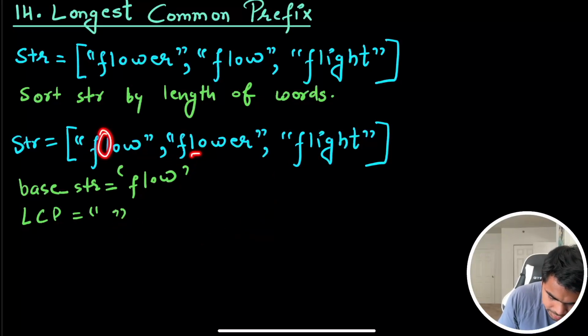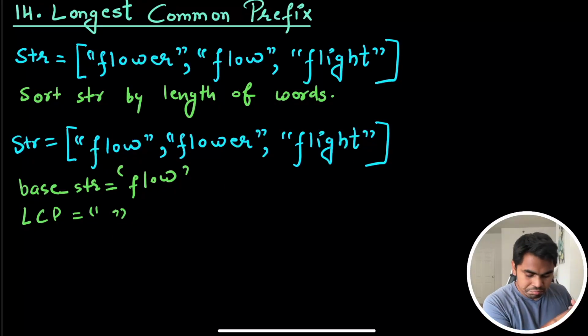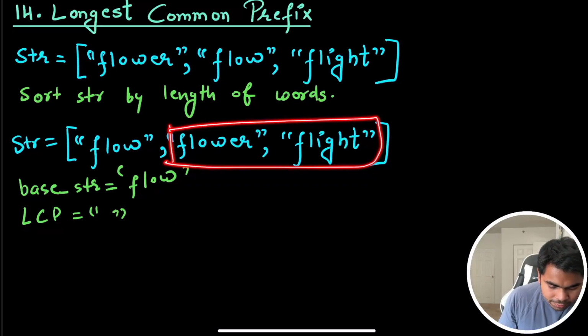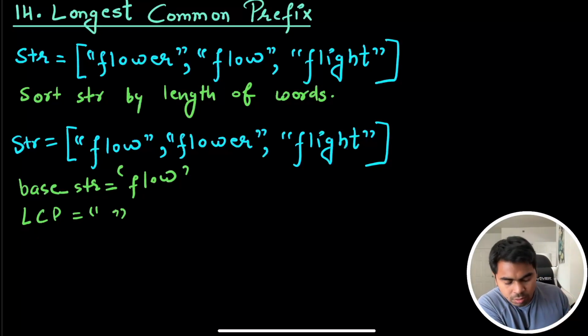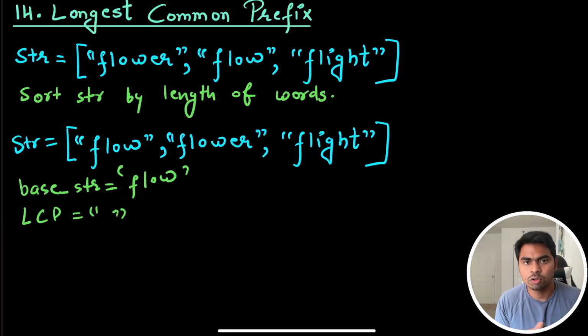Is L present? Yes, then I will append that to my LCP. So I'll keep doing that. For that, I will run a for loop on all the characters of flow, and then go over all the remaining words one by one. If I see a mismatching character, then I can just return whatever value I have accumulated in my LCP so far.